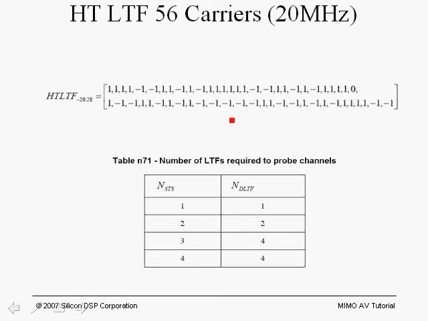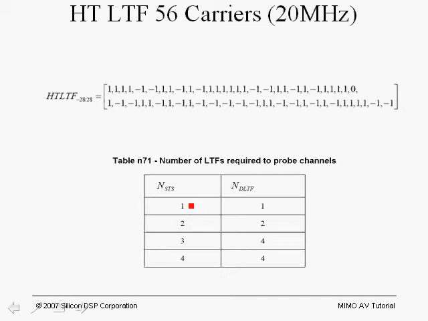Since we have 56 carriers for which we need to obtain estimates of the H matrix for each carrier, of course the high throughput long training field has at least 56 entries shown over here with a null at DC. And also in this table we show that the number of HT long training fields required to probe the channels is related to the number of spatial streams.